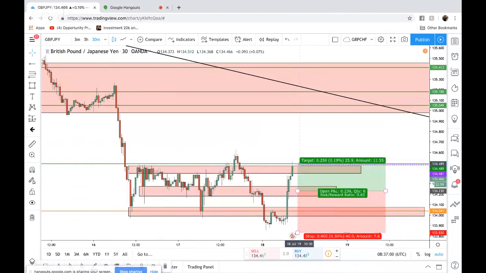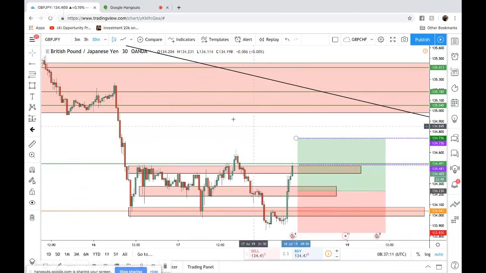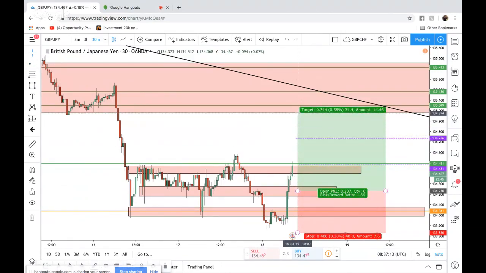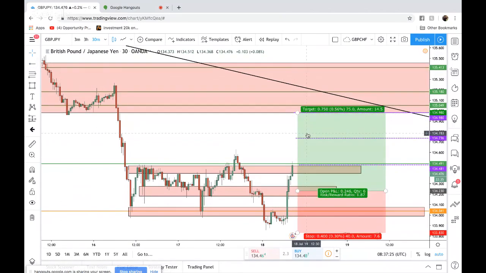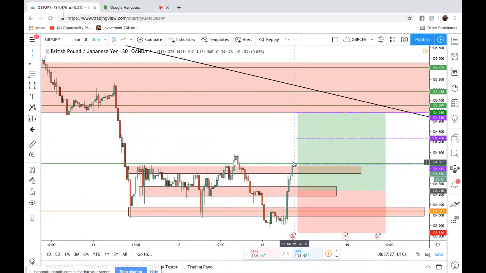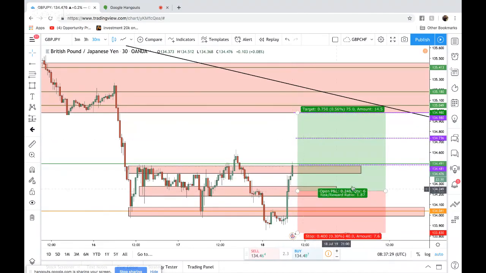Back into structure would be a nice 25 pip move, but then I would push the next target to be 50. And then I could push this back into our zone. We can do 80 pips, but I'd probably keep it right at 75. This is just a really conservative style, as long as this market holds that and retraces. So this would be the setup for now.